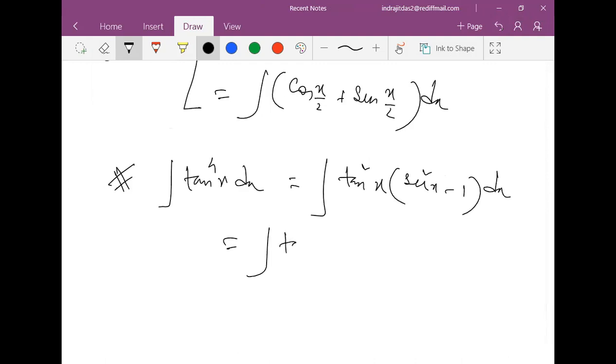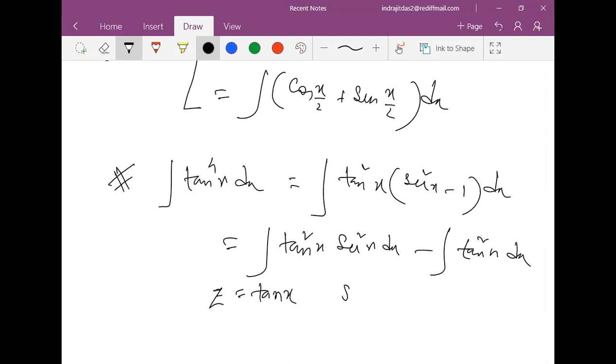Now if you open tan square x into sec square x dx, this part we can do, then this will be tan square x dx. Now this part is sec square x, we can adjust, let z is equal to tan x, and we will be getting sec square x dx is dz. That part is adjusted, the first part.